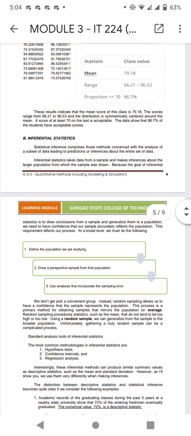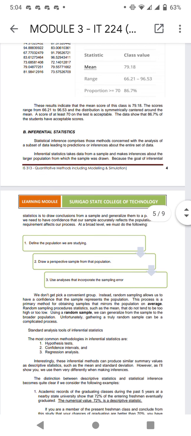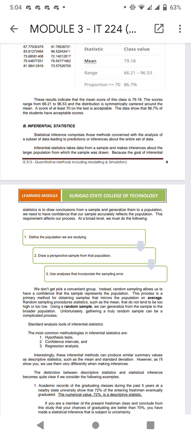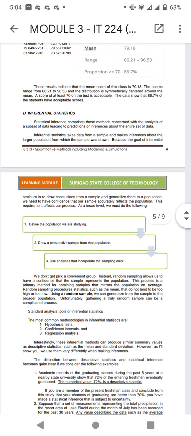Next is inferential statistics. Statistical inference comprises those methods concerned with the analysis of a subset of data, leading to predictions or inferences about the entire set of data. It takes data from a sample and makes inferences about the larger population from which the sample was drawn.